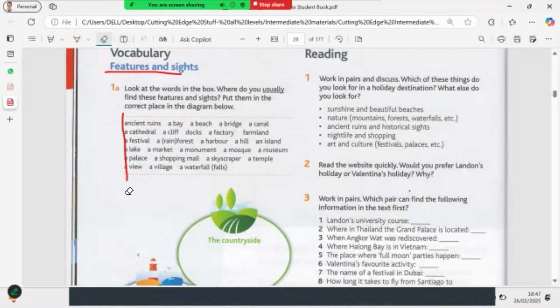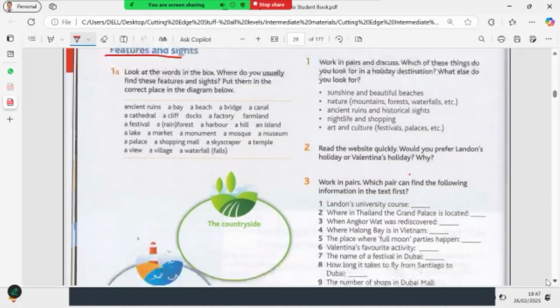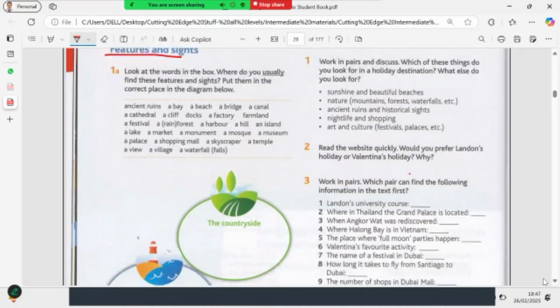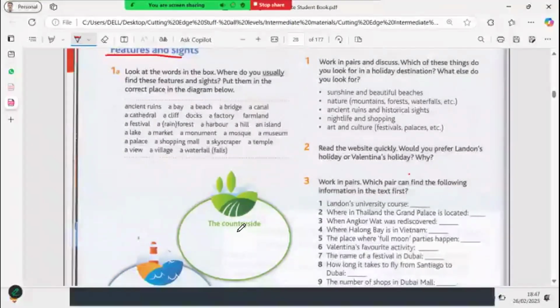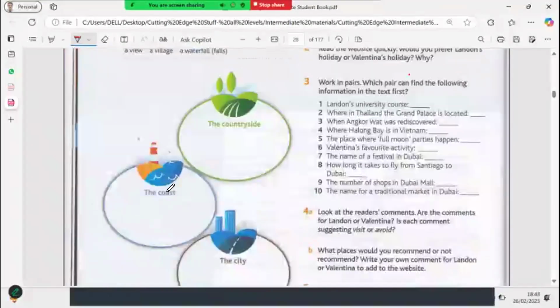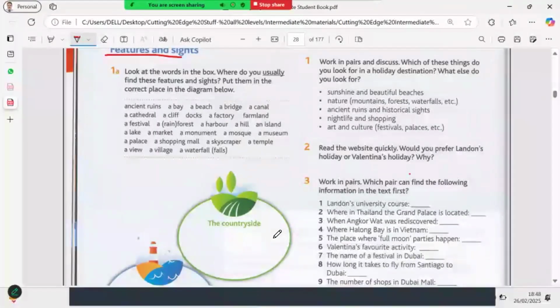Ancient ruins. Where can you see the ancient ruins? Ancient means very old, like the ancient pyramids, the ancient Egyptians, for example. Where can you find this, in the countryside or in the coast or in the city? I think in the city, right?